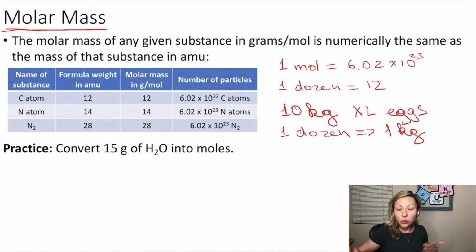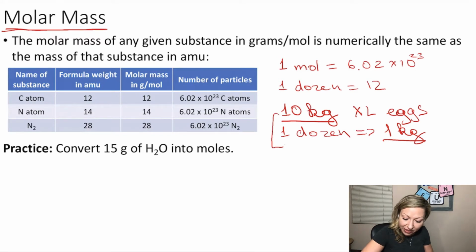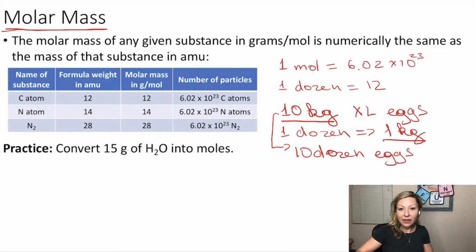So I know that 1 dozen weighs 1 kilogram. I have 10 kilograms, which means that I am going to have 10 dozen eggs, which is just 120 eggs. Okay, I hope this makes sense.